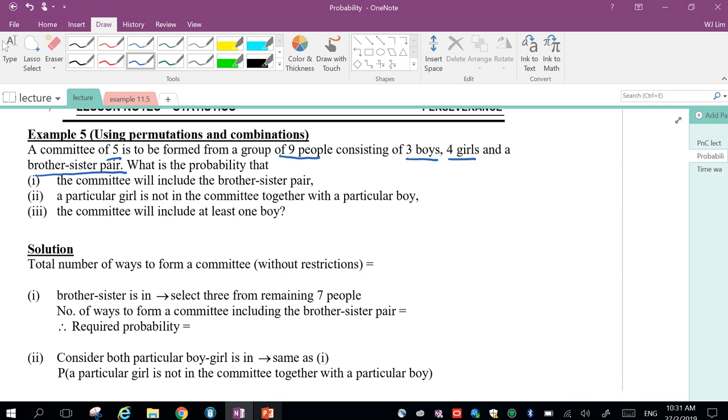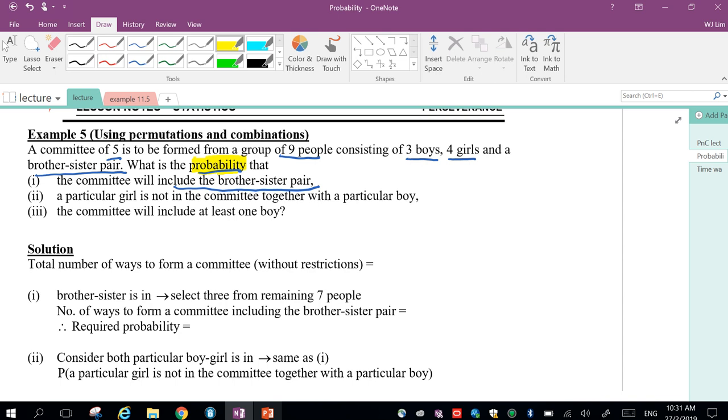So in part 1, okay, what is the probability that the committee includes the brother sister pair? So this is for part 1, include the brother sister pair. And they want the probability. I highlight the probability for you. Okay, so this is exactly the same as your PNC example, right? You still recall this example?